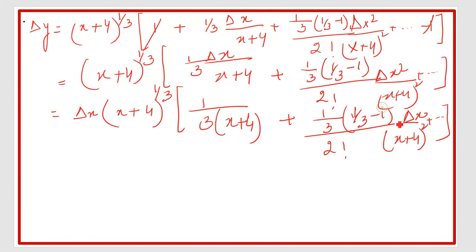If you want, you can solve it, but this is just time consuming, because when we apply the limit on delta x, this whole term will be 0. That is why I'm not solving it. But if you want, go ahead. There is no need otherwise.